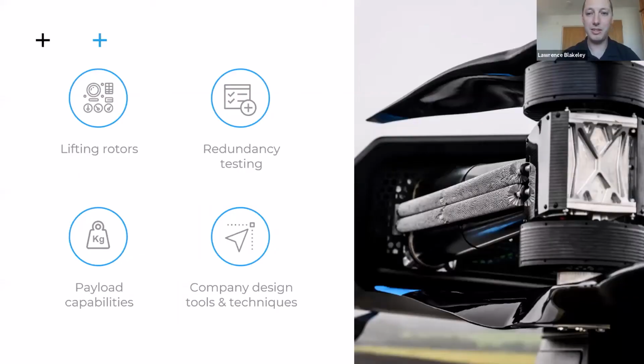But really, the challenges here were not just about developing that redundancy, but it's developing our capabilities. So we're growing as a company as well as developing our product. So we need to develop all of our tools, our techniques. Now the image you see, and I'll touch on it a bit in a second, it really shows the interaction of some of these systems. So there's the rotor, the motor, and then down the side of the arms that are supporting them is the cooling system.